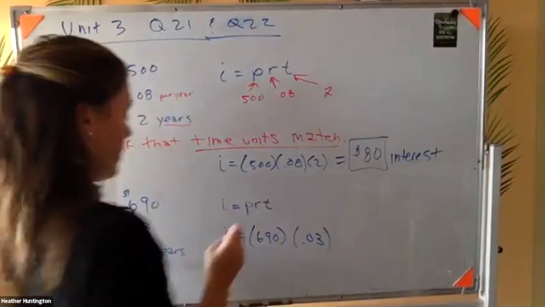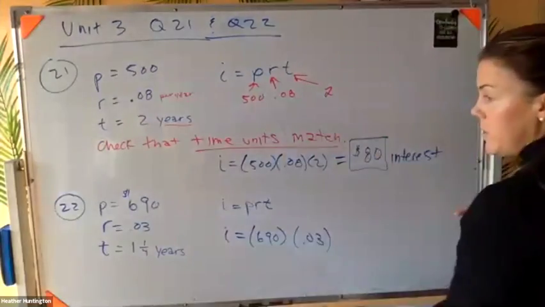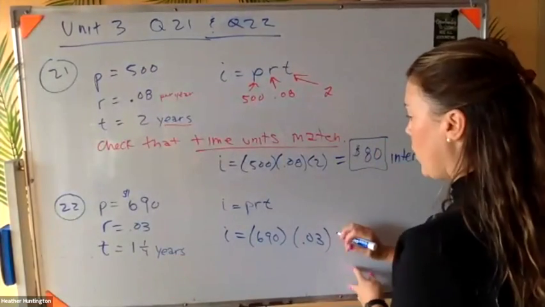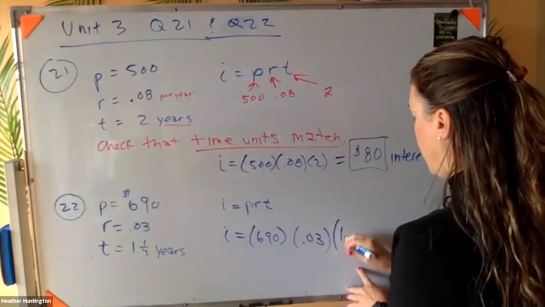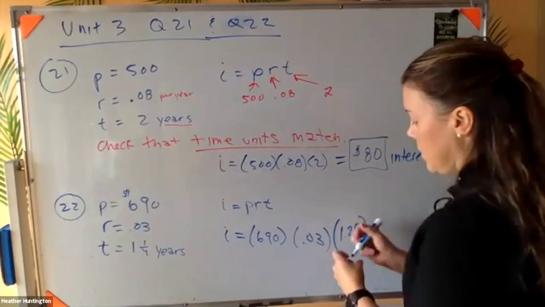Some of you might have gotten stuck here. I think this would be a common mistake or a common location for a mistake. 1¼ years. I would convert that into a decimal.